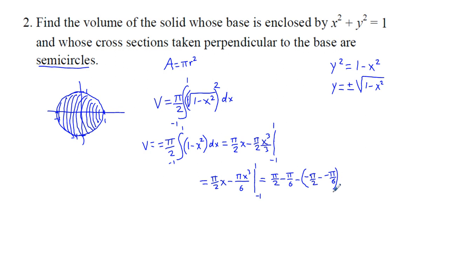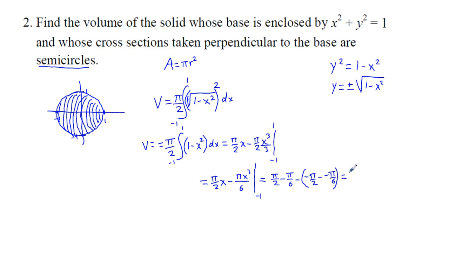Okay, so really, it's a matter at this point of simplifying. I'm going to continue to the right. So we have pi over 2 minus pi over 6, and we can make that 6.